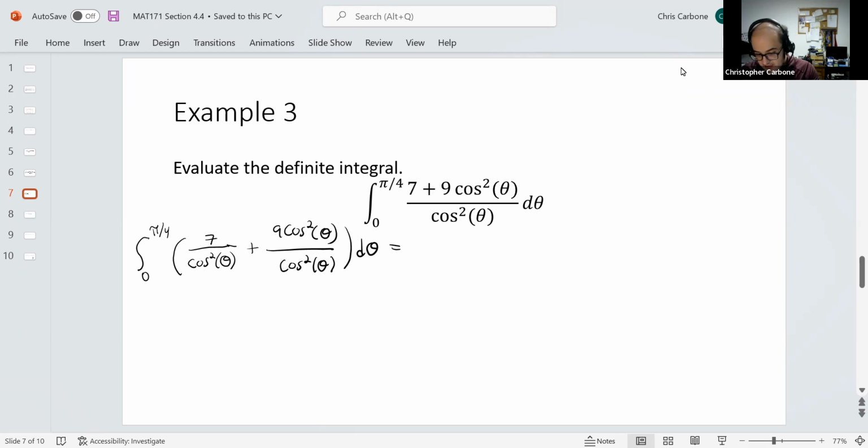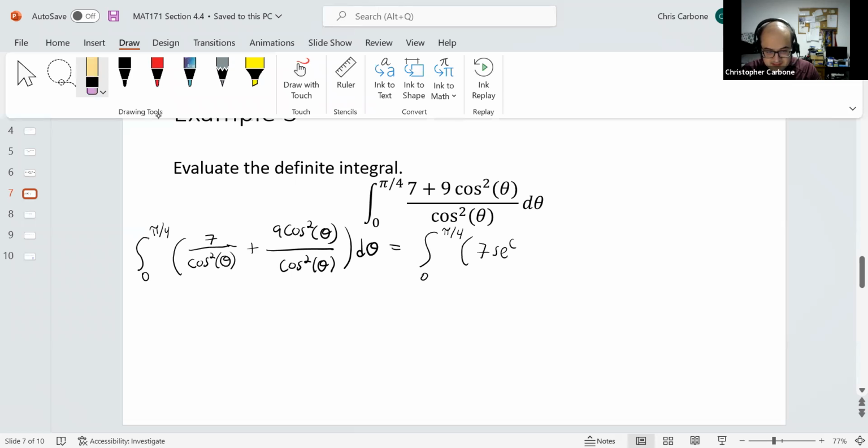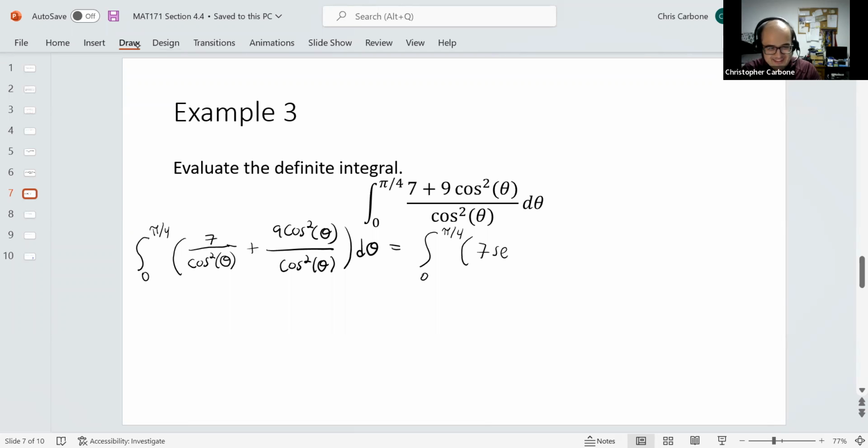And this can be slightly simplified to be the integral from 0 to pi over 4 of 7 times secant squared of theta plus 9 d theta.